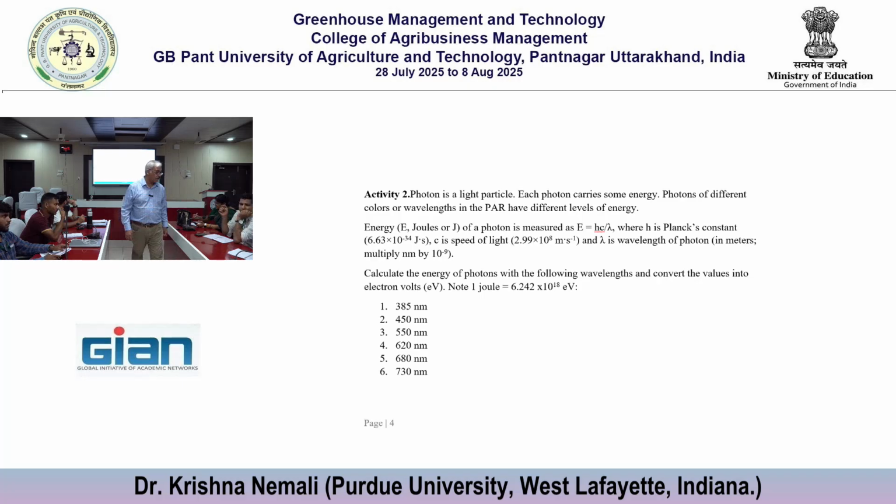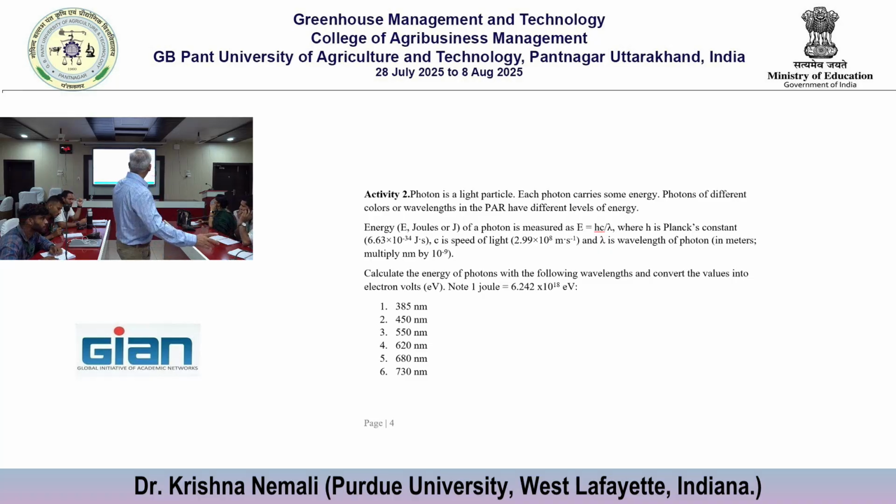Something went wrong there. Who got 3.2, 3.18? 3.2133. Okay, pretty close. Did you get a similar number? 3.2 for the 385 nanometers. Somewhere there's a mistake. Most of them are saying 3.2.